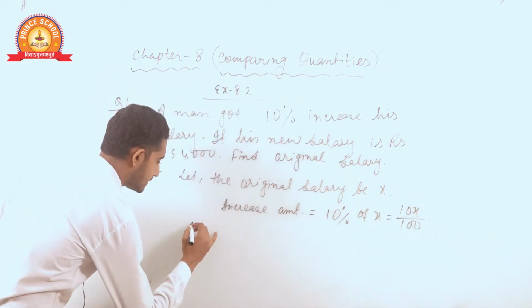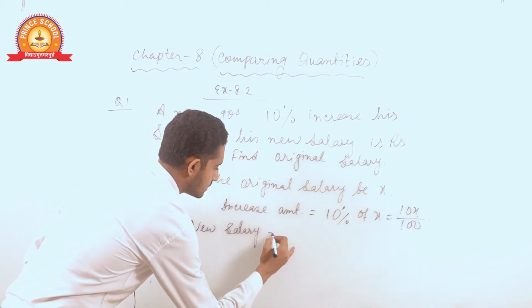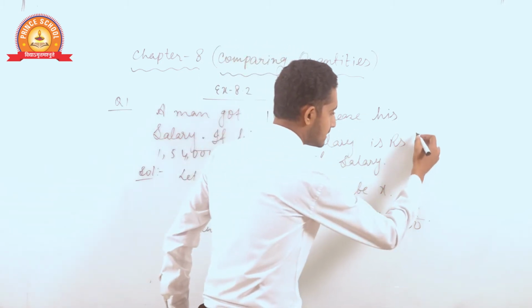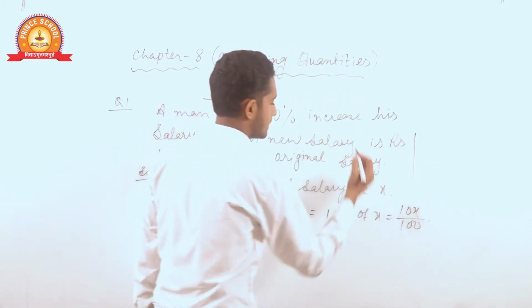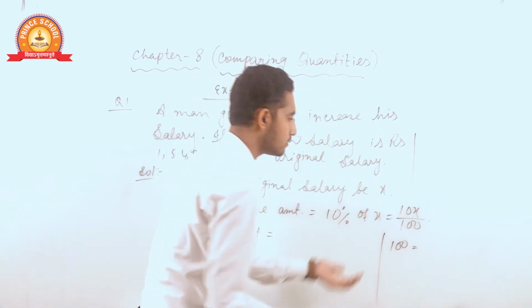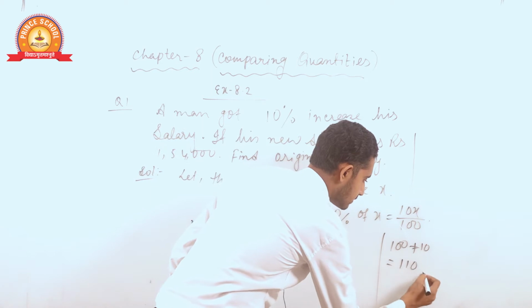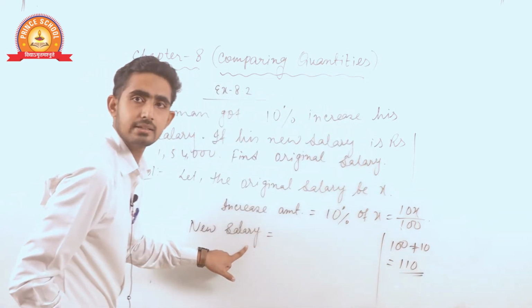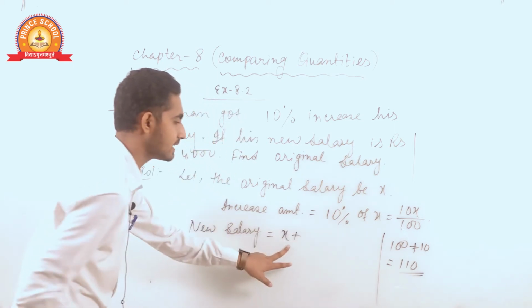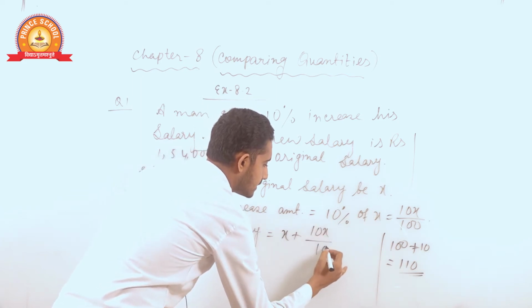Now, new salary is equal to, suppose we consider original salary is 100 rupees, and if increase amount is 10%, then new salary is how many? 110. Obviously, in this way, new salary is equal to original salary X plus increase amount, that is 10X upon 100.